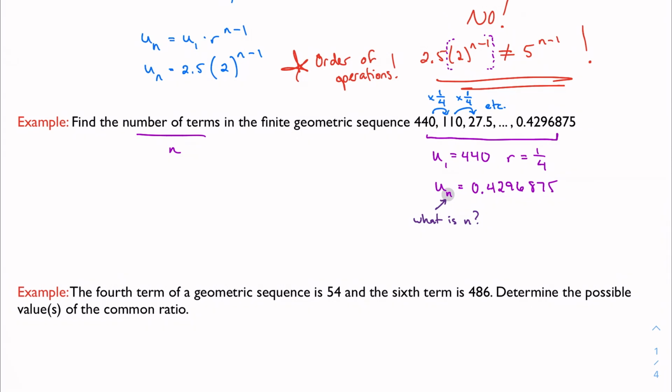So let's play around with this a little bit. We know that u sub n, whatever the nth term is, we can express using our formula, u sub 1 times r to the n minus 1. This time we also know that u sub n is equal to 0.4296875.